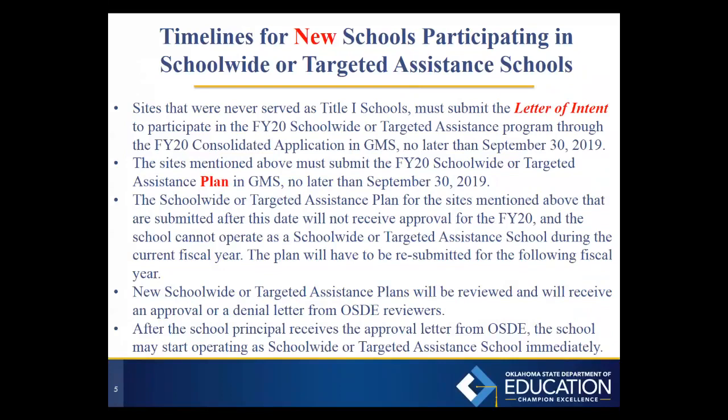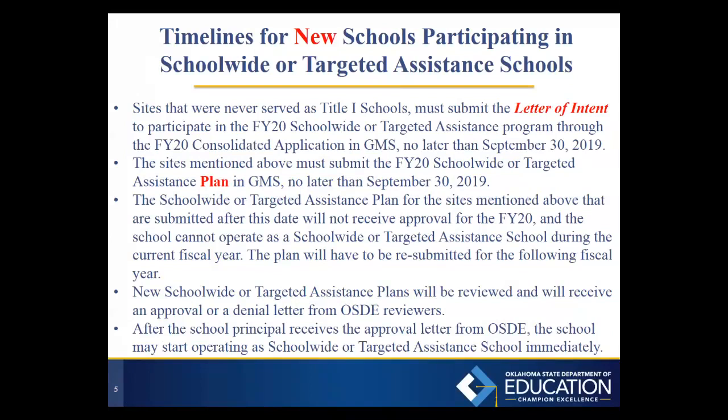So you have to go to your consolidated application, go to the Title I application, and under school-wide school and targeted assistance school, you're going to submit that letter of intent there to participate in the FY20 school-wide or targeted assistance program through the FY20 consolidated application in GMS no later than September 30th, 2019. So remember, the deadline is September 30th, 2019.